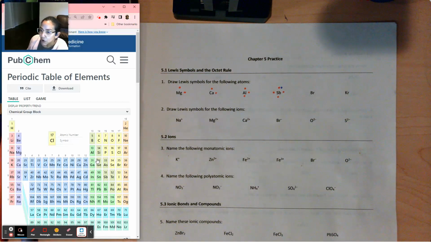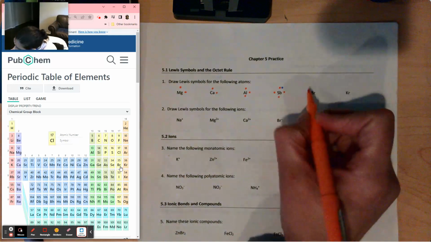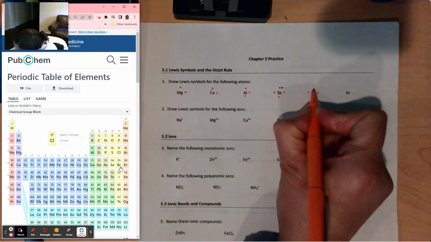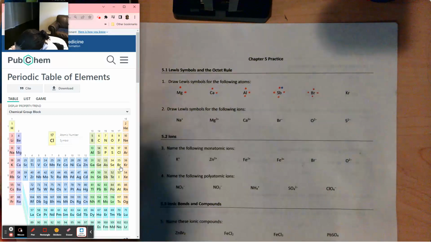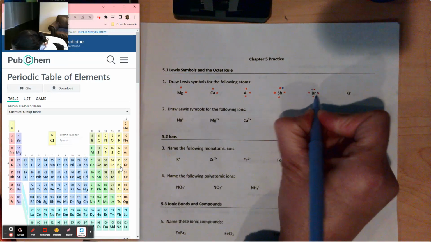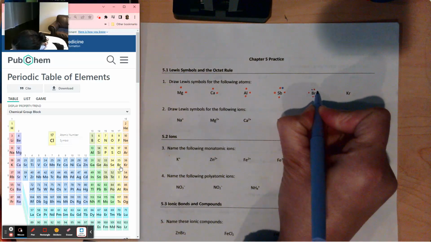Let's look for bromine. Bromine is right here. It's in group 7A or group 17. And that means it's going to have 7 valence electrons. So let's apply them. 1, 2, 3, 4, 5, 6, 7.